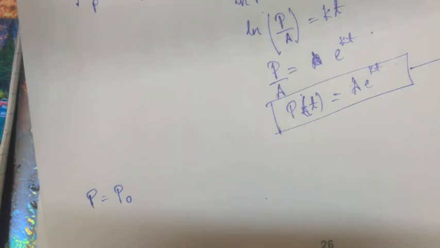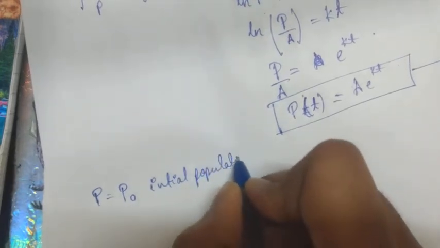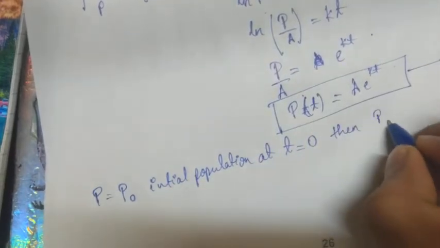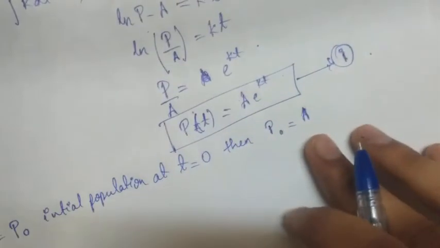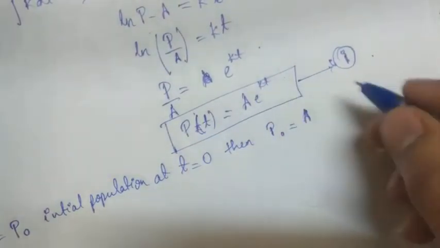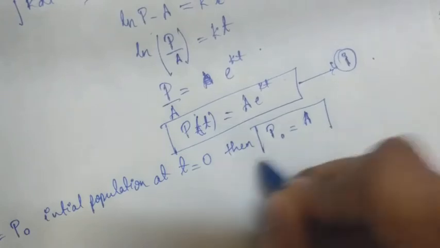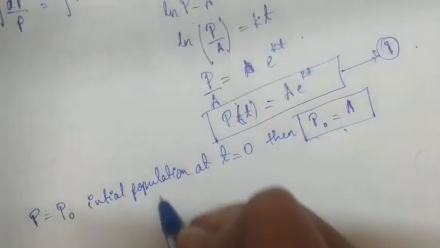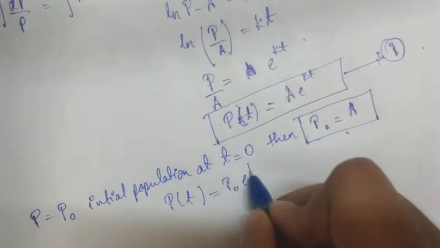So we are taking P is equal to P naught as the initial population at time t equal to 0, then we get P naught is equal to A. If we apply t as 0, then e to the power of 0 is 1, so P naught is equal to A. So if we substitute this in this equation, we get P of t is equal to P naught e to the power of kt.